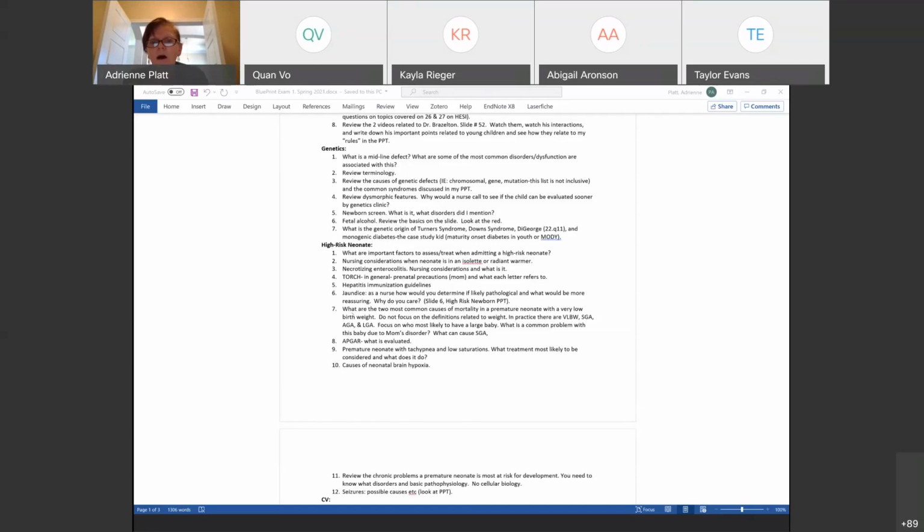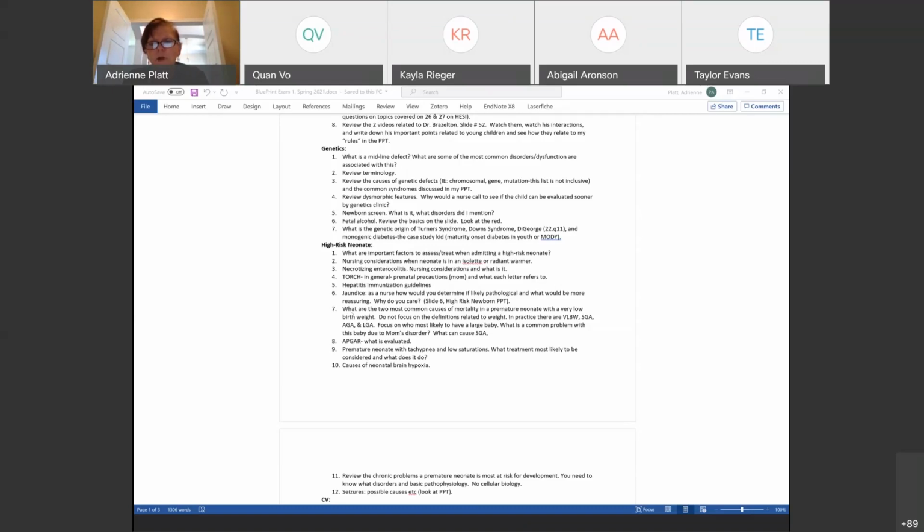Okay, common causes for mortality in premature neonates. These are the very low birth weight. These are the 24 weekers, 23 weekers. The 23 weekers didn't usually survive, but they have been more recently. Skin.